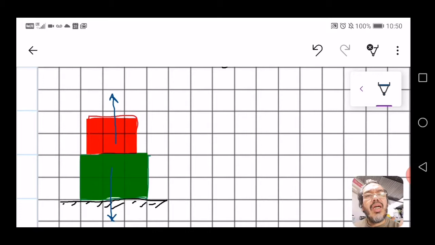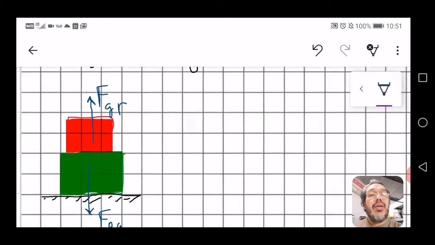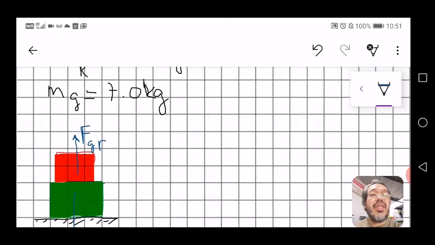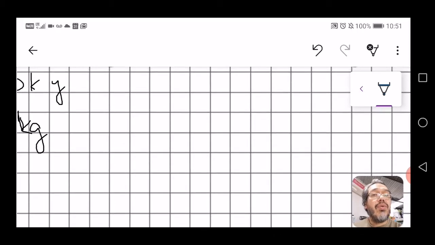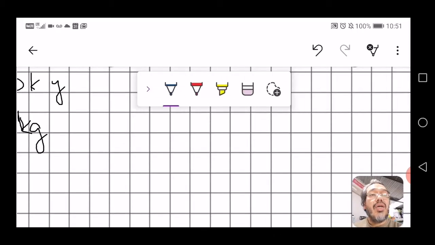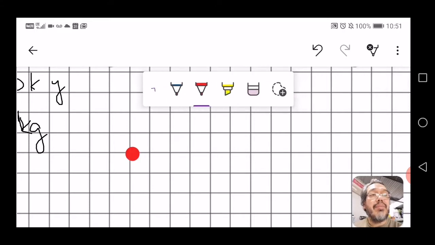What we are talking about is that this is the force exerted by the green block on the red block. This is, of course, the force exerted by the red block on the green block. But again, we're not discussing that yet. What they want you to find is the force of the green block on the red block.